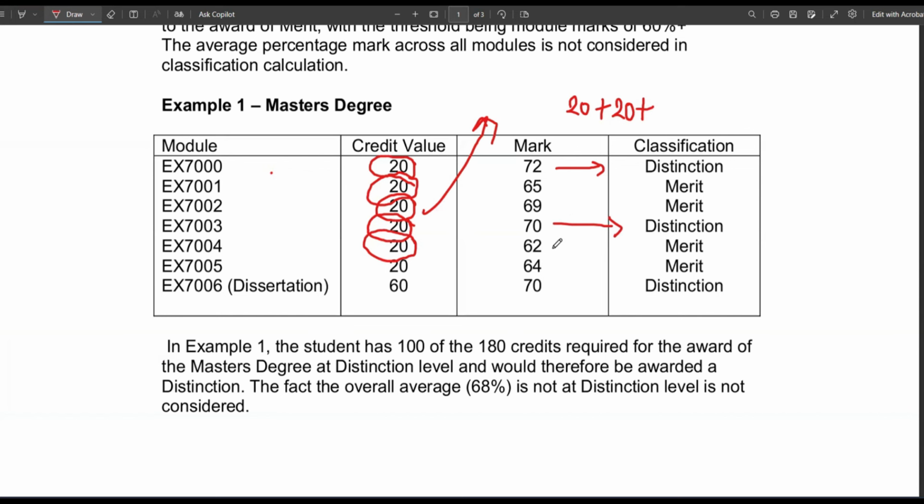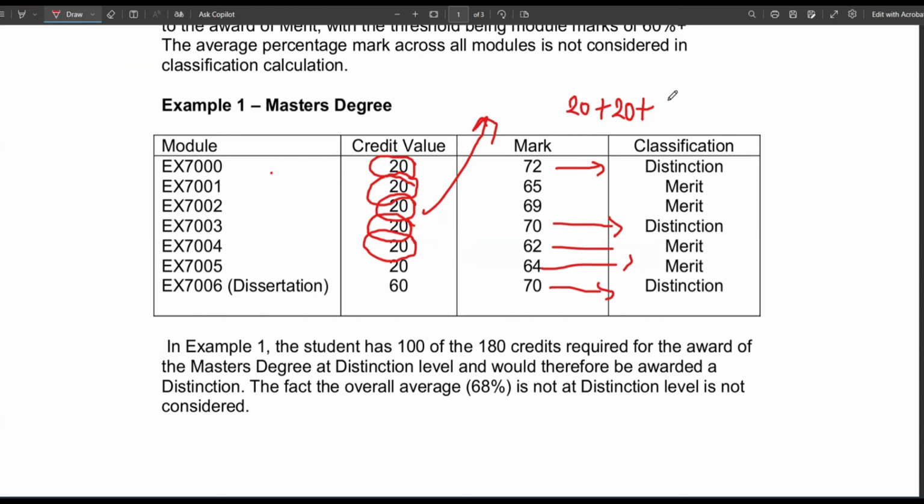The next result of the person is 62, which falls under merit. The next one is 64, which falls under merit. The last result of this person falls under distinction, but it has a 60 unit credit value, because it's carrying the dissertation credit value.